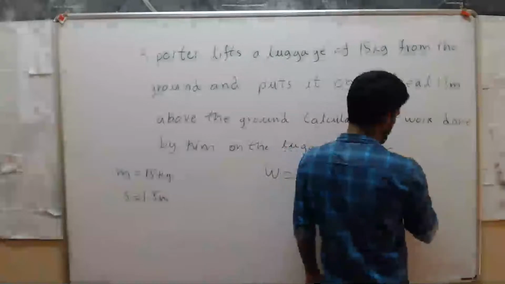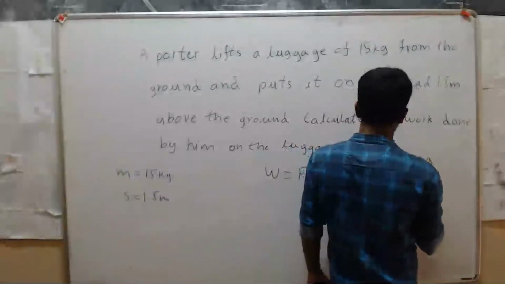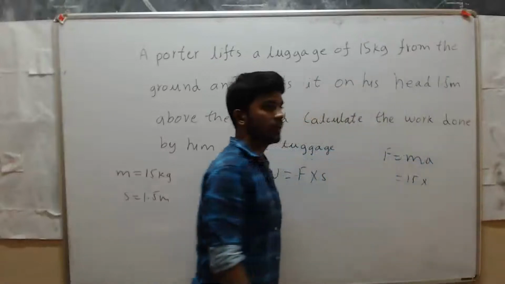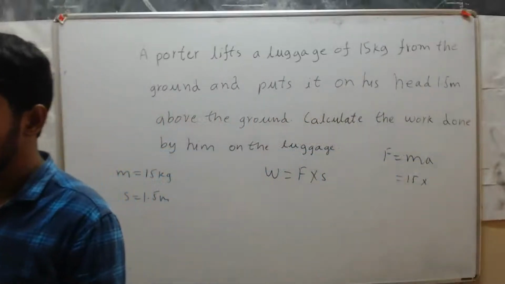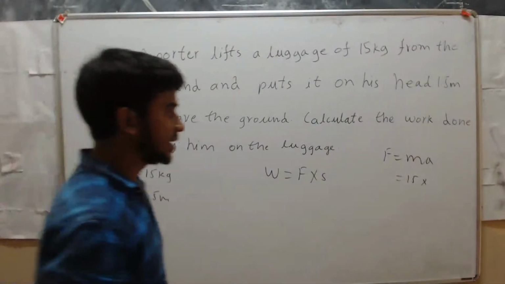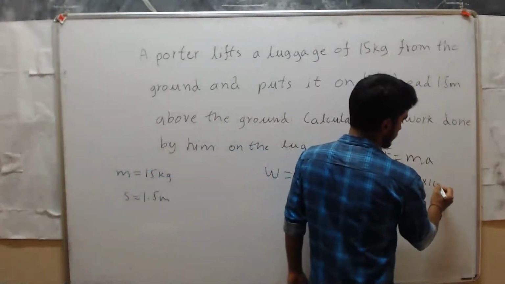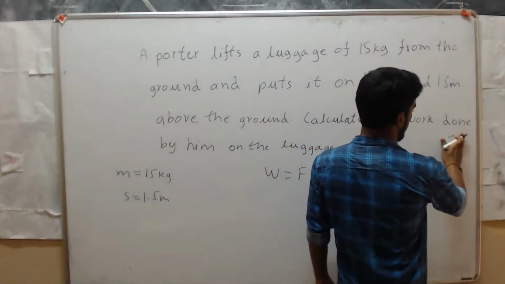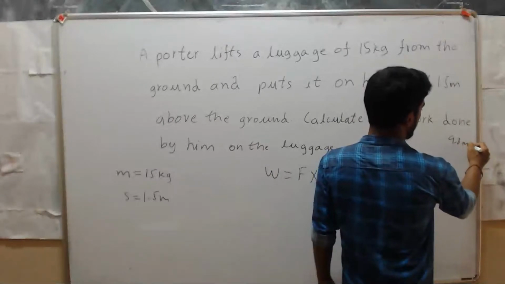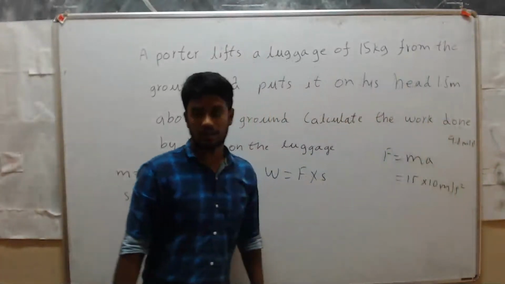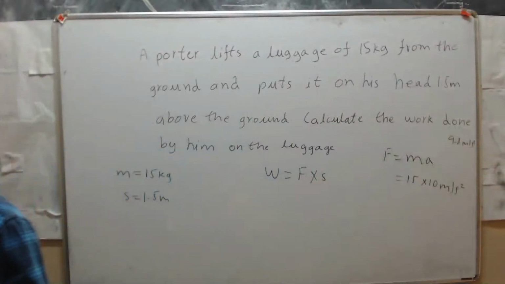How to calculate force? We know the formula F equals m into a. Here the mass is given, 15 kg. Then what about a? Here acceleration we can take as 10 meter per second square. Actually that value is 9.8 meter per second square, and you will study why 9.8 in the gravitation chapter.